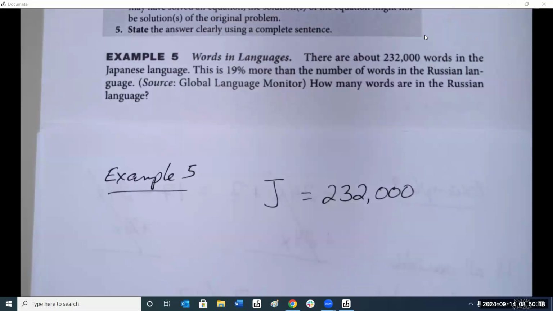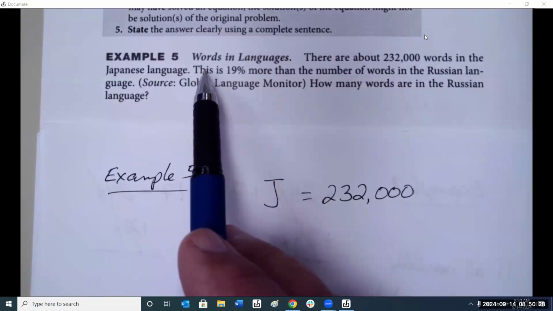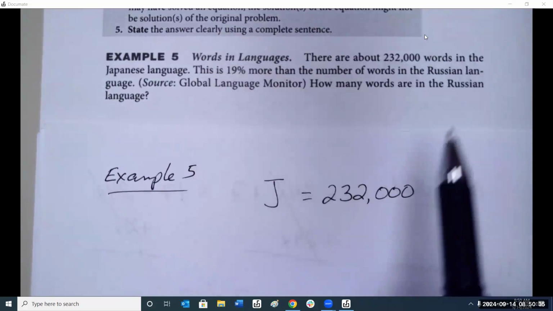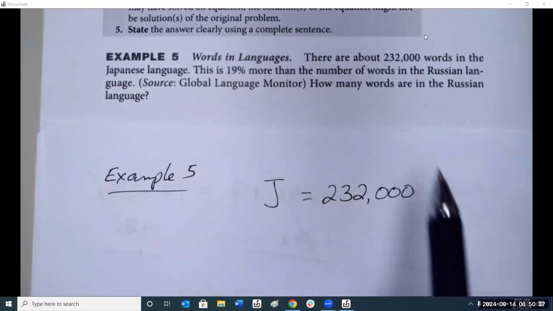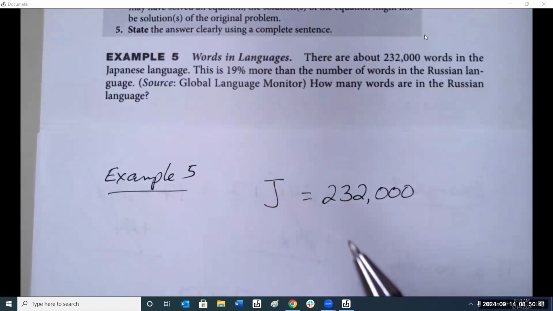We have to translate what those words mean in that sentence into a math statement. What is this? What are they referring to? The number of words in the Japanese language. So this is 19% more than the words in the Russian language. So how do I put that in math?